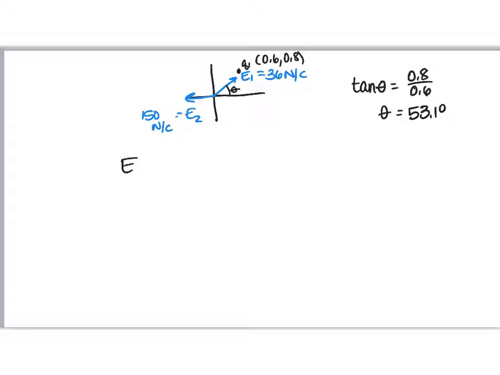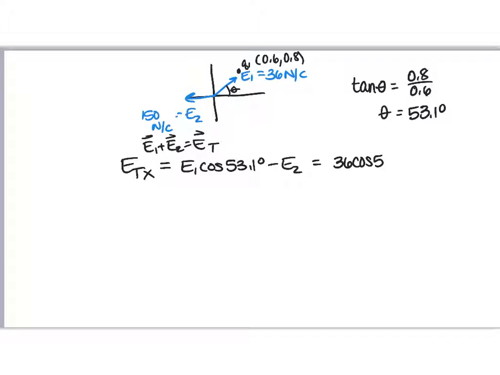Now I'm going to add my vectors, adding their x and y components for the total. So E1 plus E2 is E total. For the x component, I have E1 times the cosine of 53.1 degrees minus E2. E1 has a positive x component, E2 is all in the negative x direction. So I get 36 cosine of 53.1 minus 150, and I get minus 128.4 newtons per coulomb.